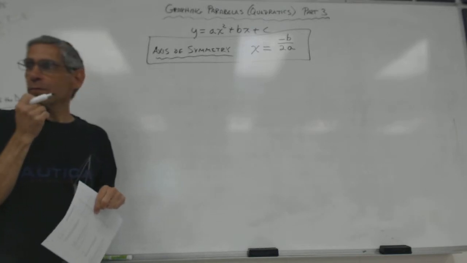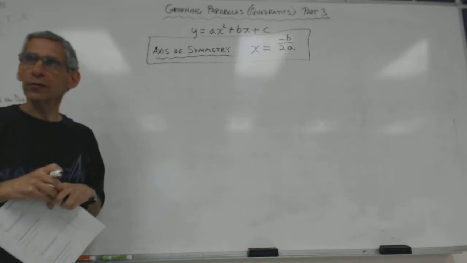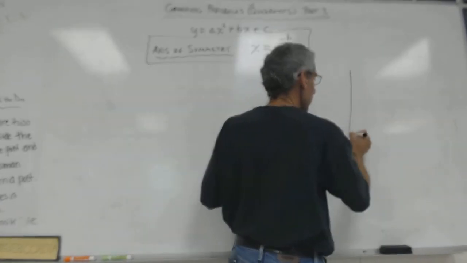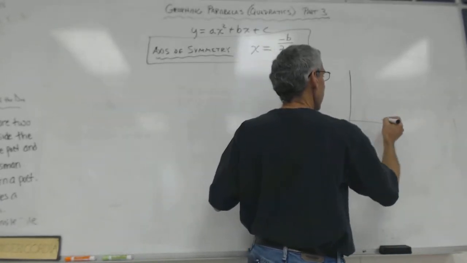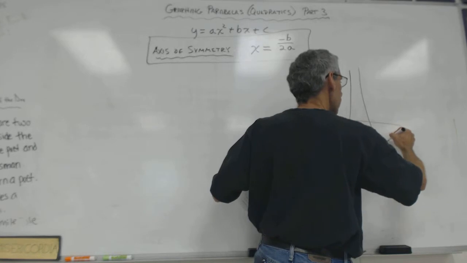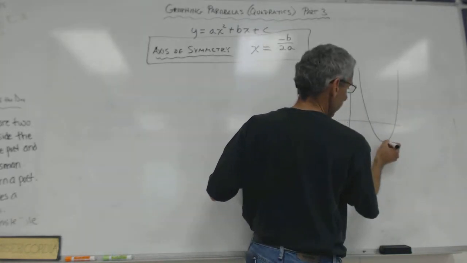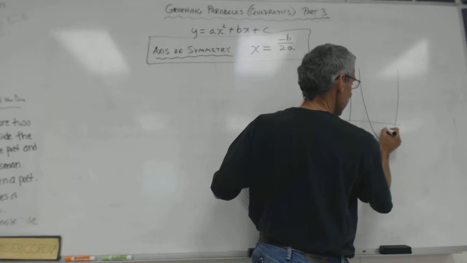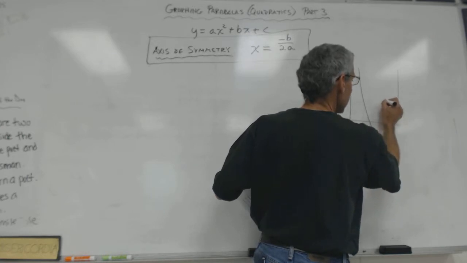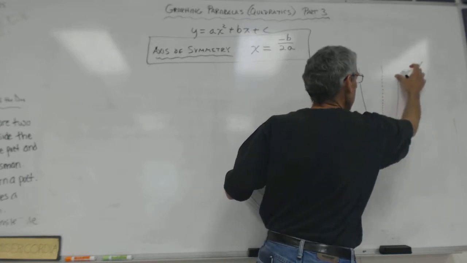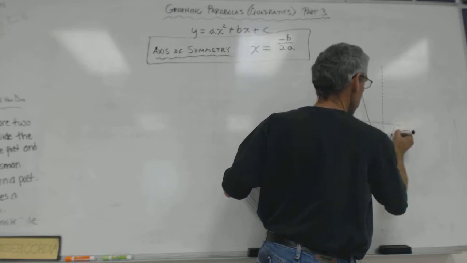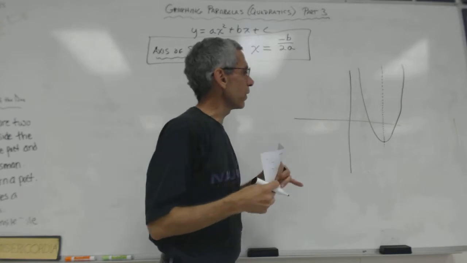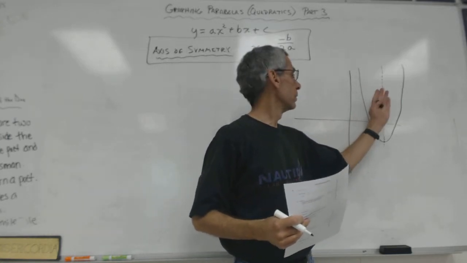Now, you guys all know what the axis of symmetry is. No matter where my parabola is on the graph, if my parabola was right here, and that's my vertex, it's right through that vertex. There is a vertical line. Your parabola is totally symmetrical.